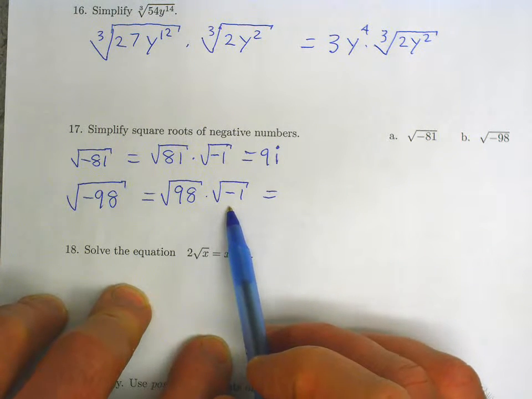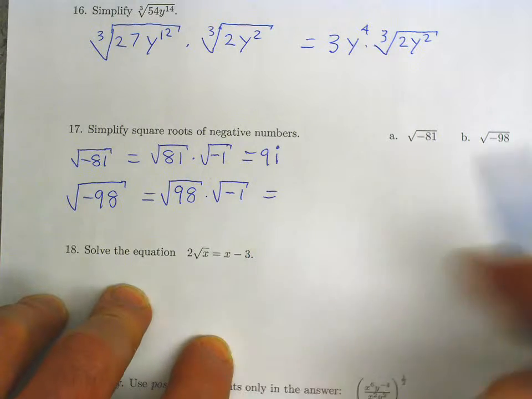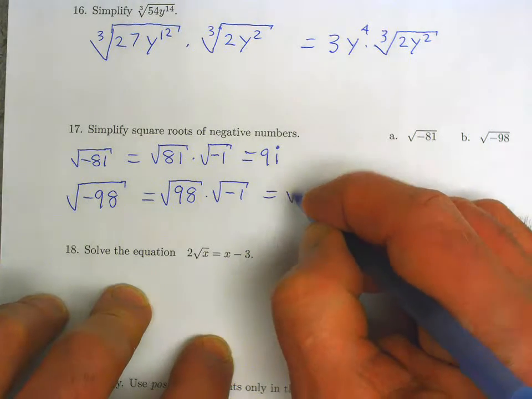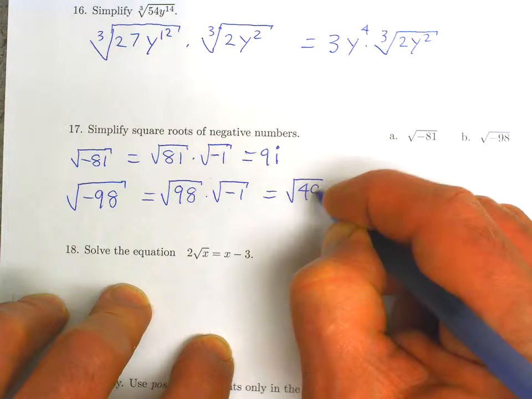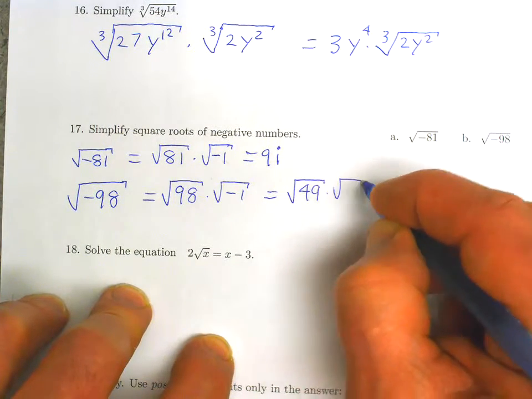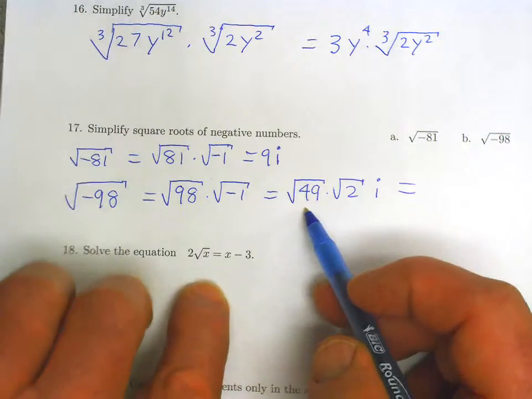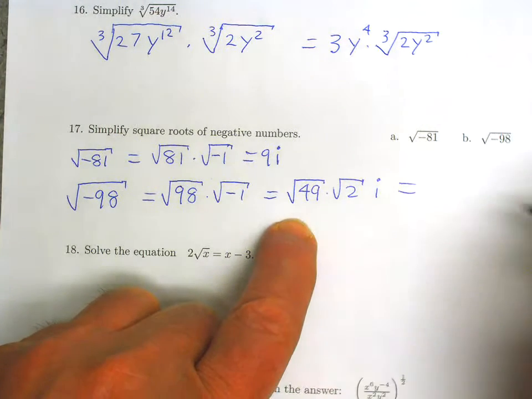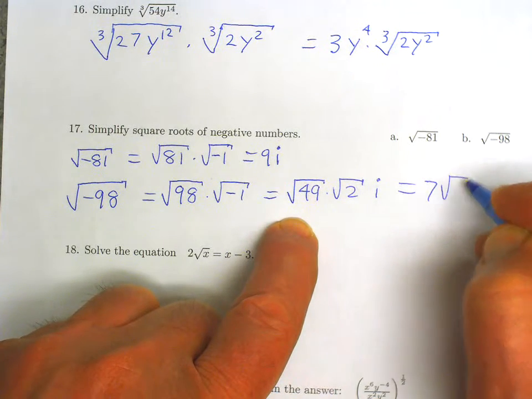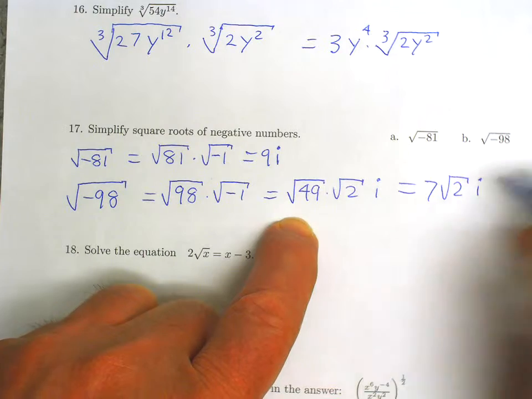And then we'll replace the square root of negative 1 with i. So in this step, we'll write the square root of 49 times the square root of 2 times i. And then finally, the simplified answer: the square root of 49 is 7, so 7 times the square root of 2 times i.